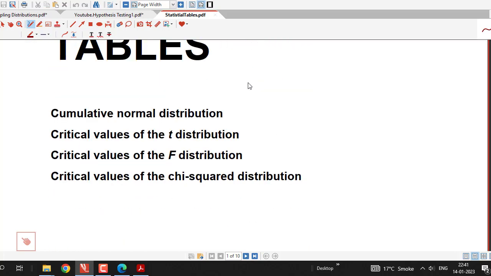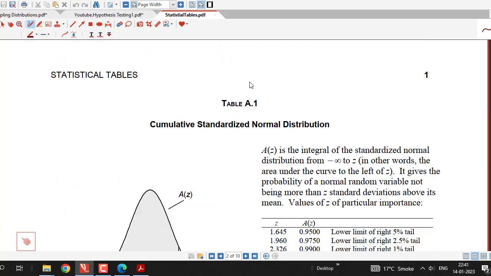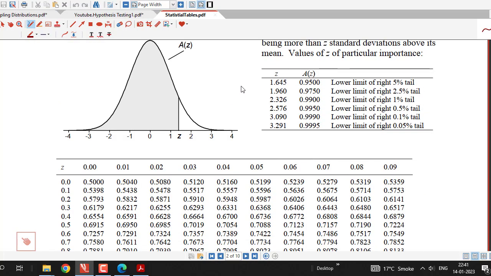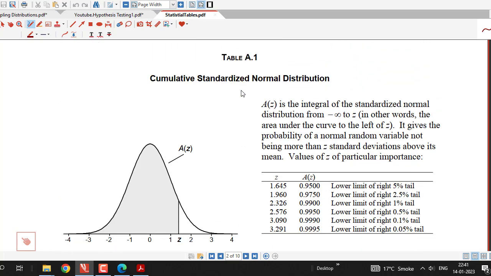So we are interested in probability that Z is less than 1, and here we are given cumulative standard normal distribution table. So first we find out probability that Z is less than 1, and that I can write as probability that Z is less than 1.00.